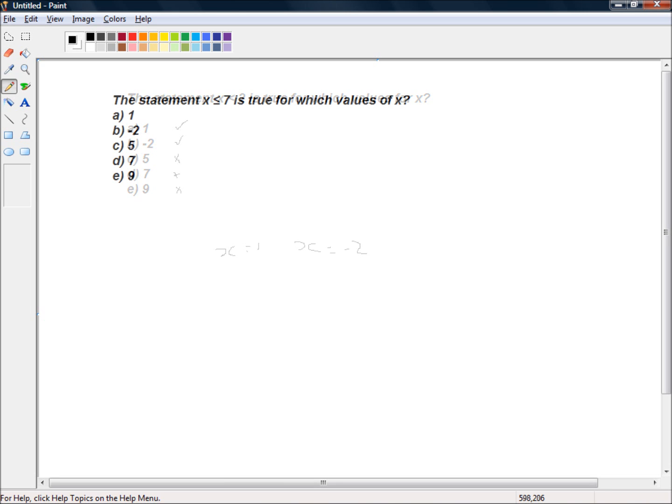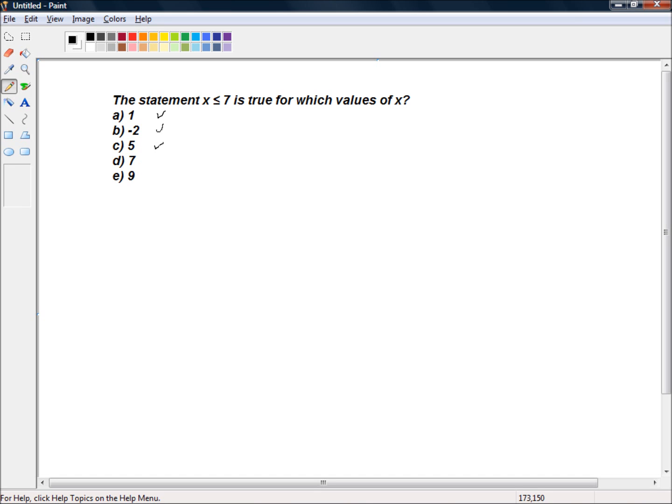In this question we're asked, the statement x is less than or equal to 7 is true for which values for x? Okay, well 1 is less than 7, so that satisfies the statement. Negative 2 is less than 7, so that also satisfies the statement. 5 is also less than 7, so that satisfies it too.